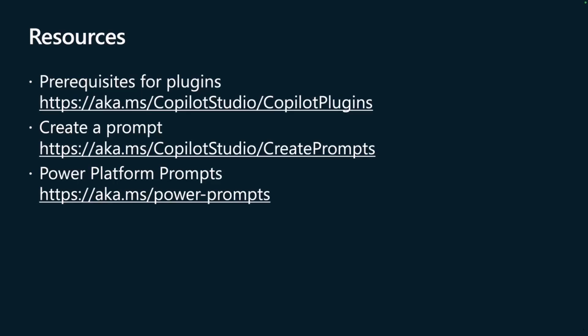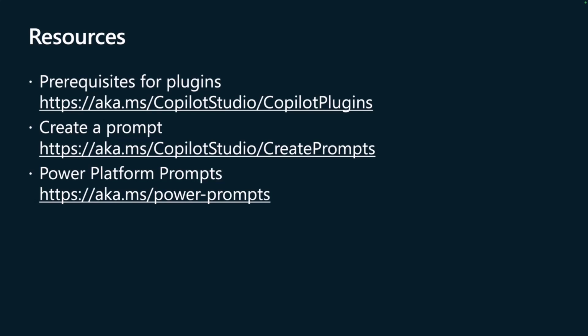Let's end up with some resources. The first link here, aka.ms/Copilot Studio/Copilot plugins, will show you the prerequisites for plugins. So this will show you what you need before you can get started with the plugins. There's also a create a prompt link, aka.ms/Copilot Studio/create prompts, and that will guide you through how to create a prompt.